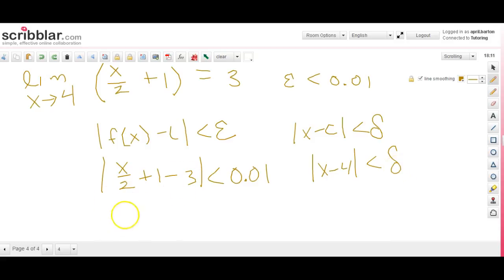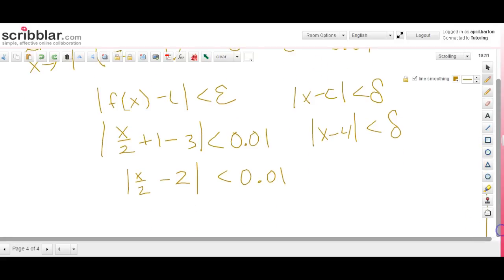So again, we combine x over 2 minus 2, less than 0.01. So this time, instead of factoring out, in order to make this just an x, we've got to multiply in. So we're going to multiply everything by 2, everything in here, and what you do to one side, do to the other.